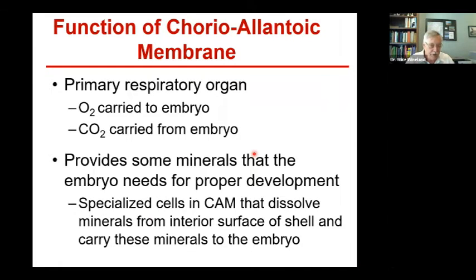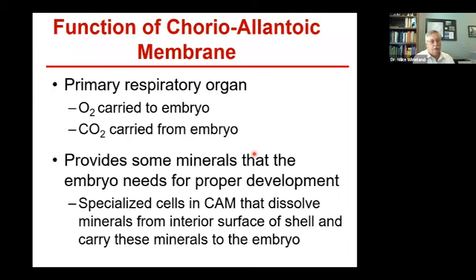Okay, what is the function of that chorioallantoic membrane? It acts as the primary respiratory surface, as I said earlier. It's going to take oxygen that diffuses through the pores of the shell. It's going to be picked up by the vessels of the chorioallantoic membrane and carried to the embryo.